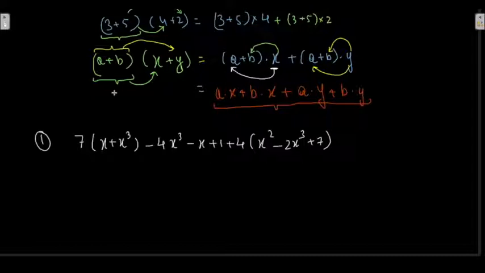Initially it looks pretty difficult to solve, but mind you, it's a very easy question. It's one of the easier problems which I have taken. First we'll apply the distributive property here. Remember the BODMAS rule, BODMAS or BEDMAS, whatever you call it.